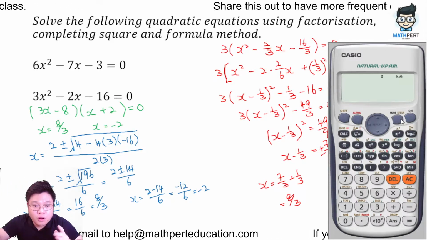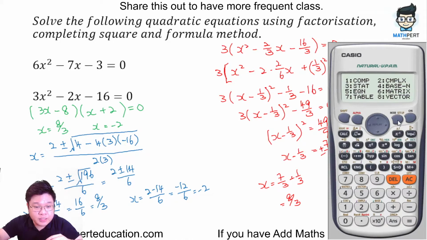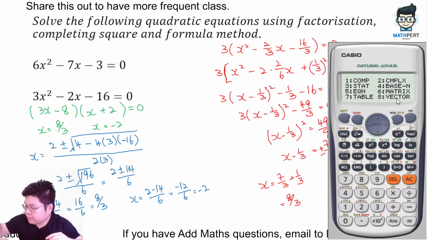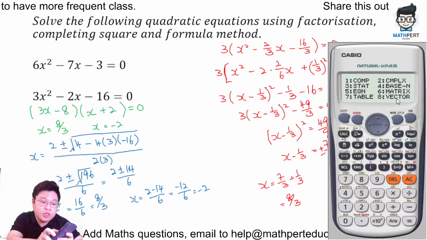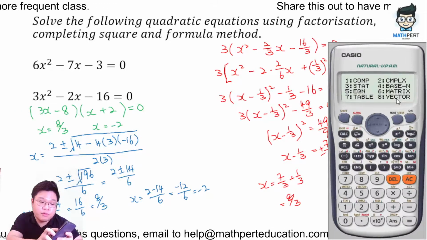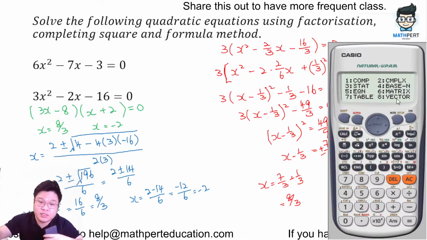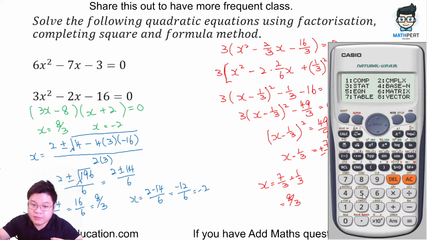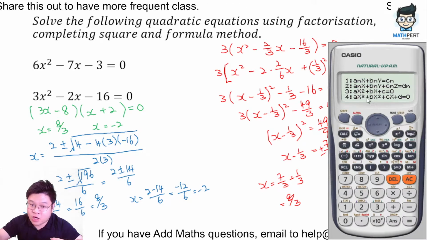So you press the mode. After you press the mode, can you see all this? If you are using the same model as mine, you need to press the mode 1, 2, 3. You press 3 times, you will see this equation, EQN, number 5. You press number 5. Then you have all these choices.